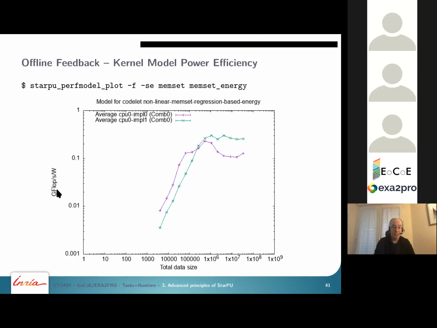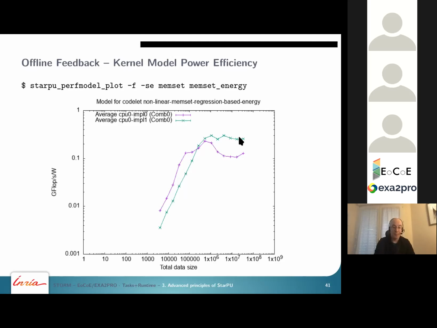So that's what StarPU computes automatically when you provide the number of flops, and then it measures the time and the energy. And so it can draw these two curves, which show that one implementation is more efficient for smaller sizes, I mean energy efficient in terms of gigaflops per watt, while the other one is more efficient for bigger sizes.